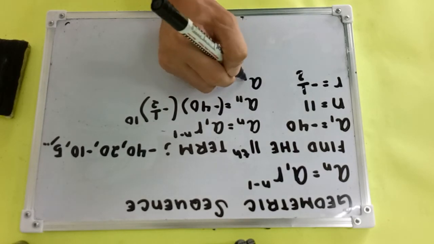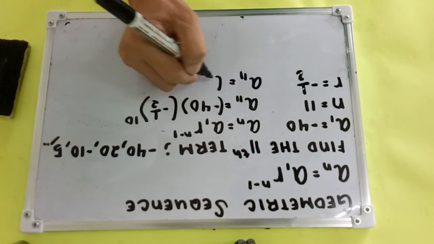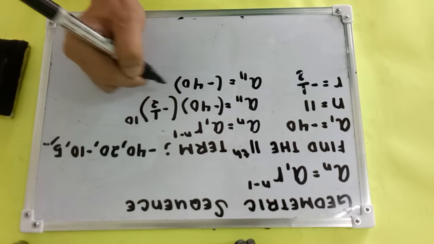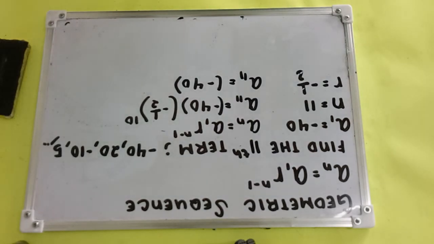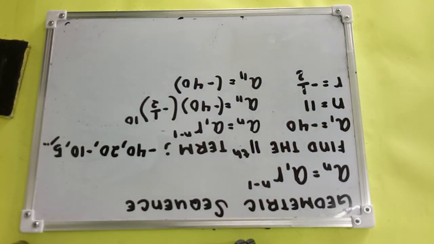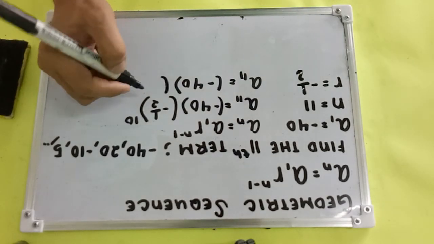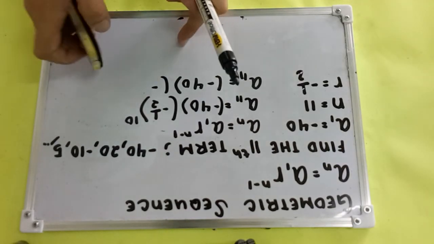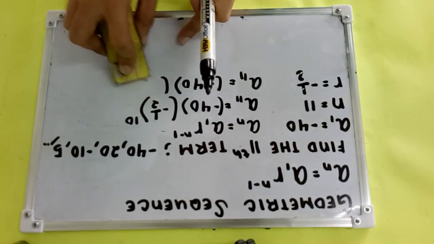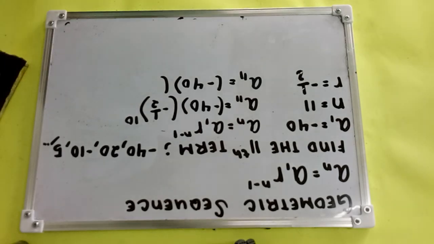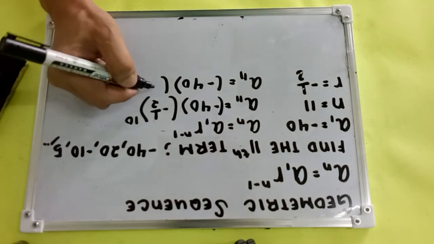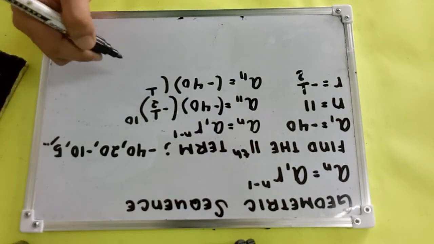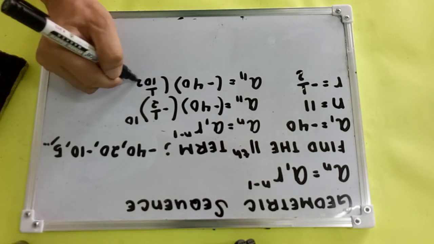And then a sub 11 is equal to negative 40 times negative 1/2 raised to 10. Ang exponent pala natin ay positive, even number, so it will become positive. So 1 over 1024.